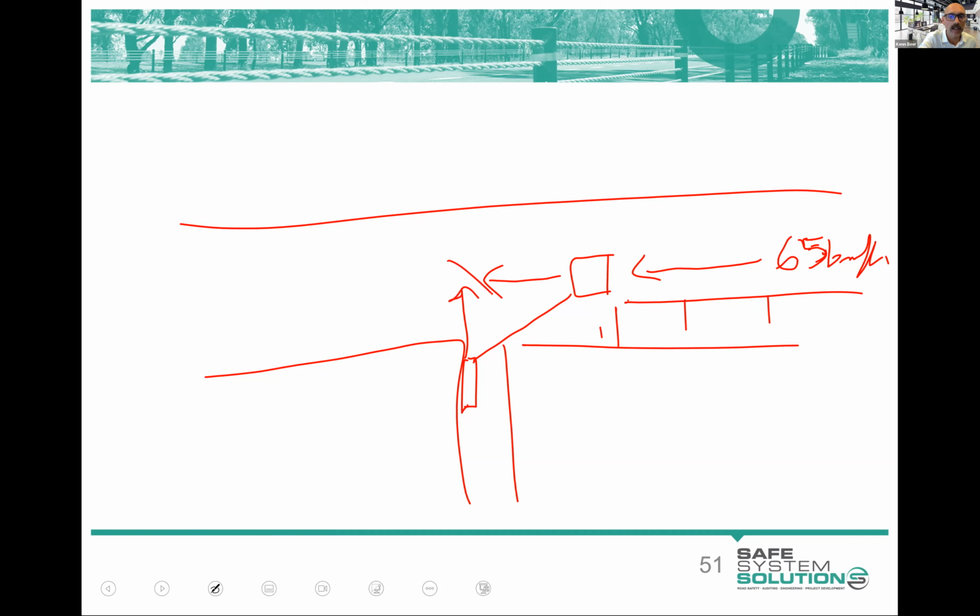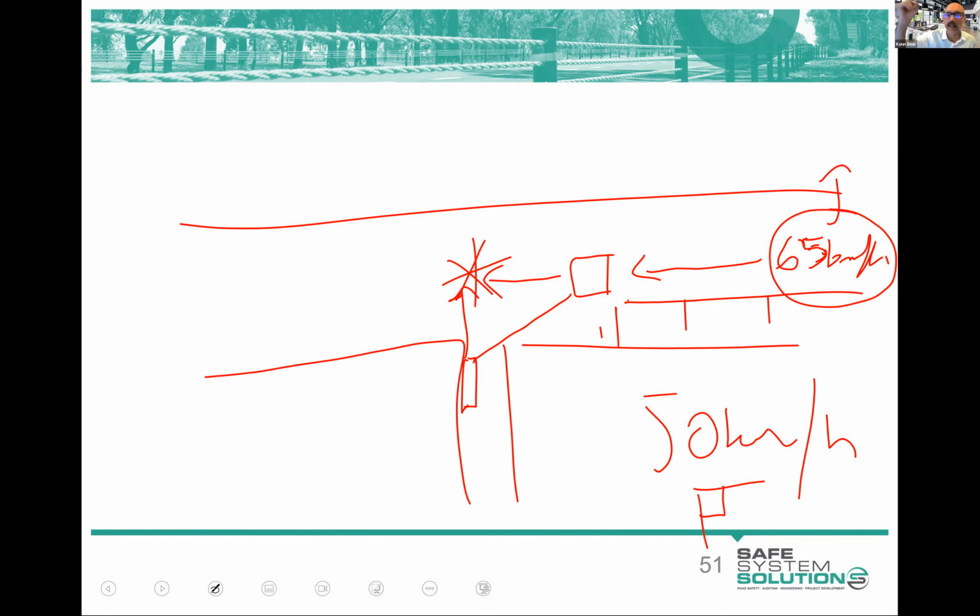And it still occurs here at the same speed, which is above our tolerable 50 kilometers per hour for the right angle crash. Okay. So that is why that's only a supporting. So opening up those sight lines is a good thing to do. Great, fantastic. But that is not going to eliminate the death and serious injury.